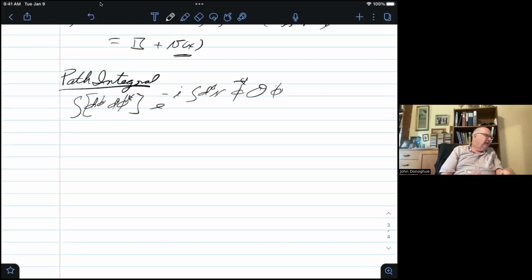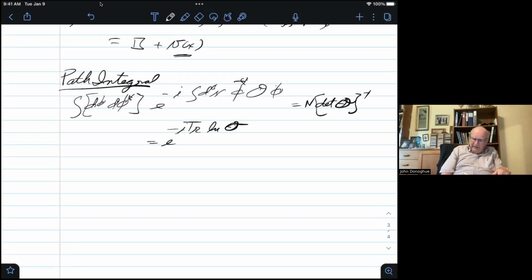That's then the determinant of O to the minus 1, which is then e to the minus trace log O. And we have to make sense out of that guy.